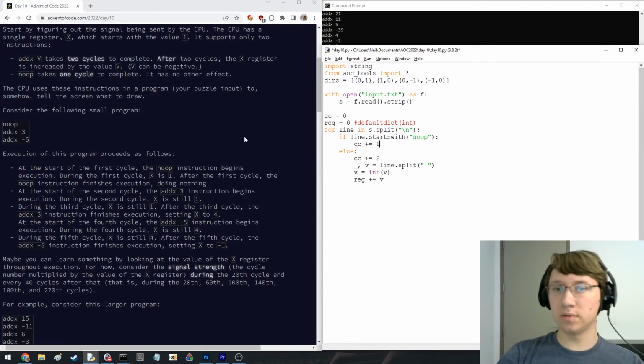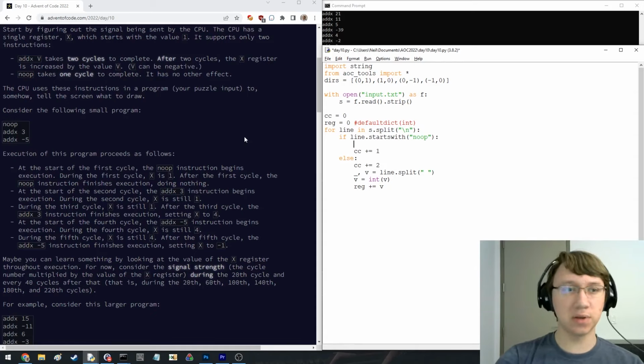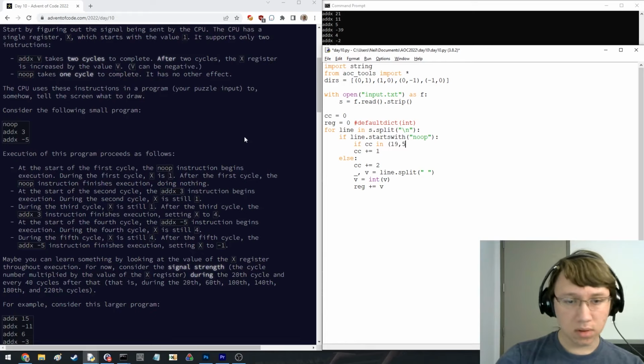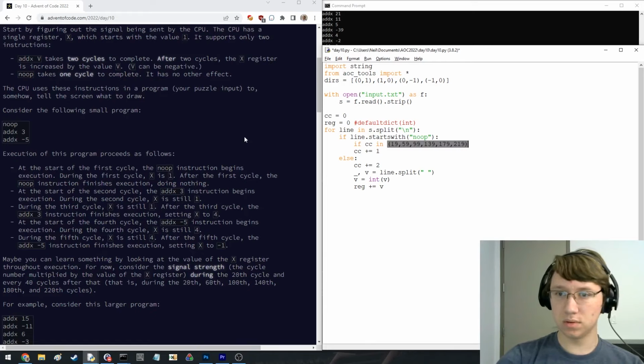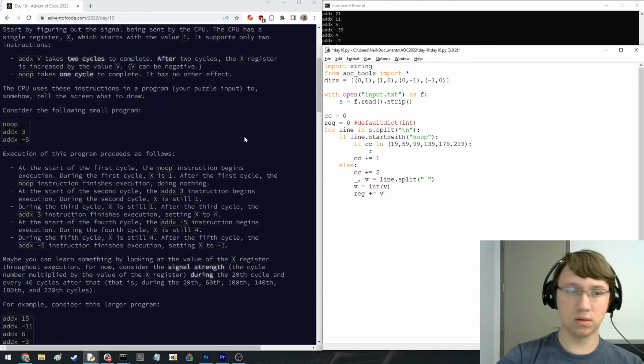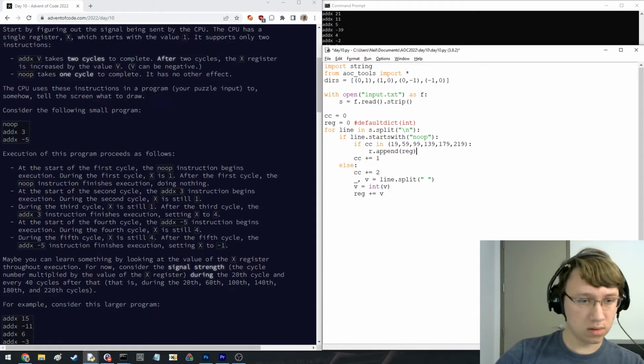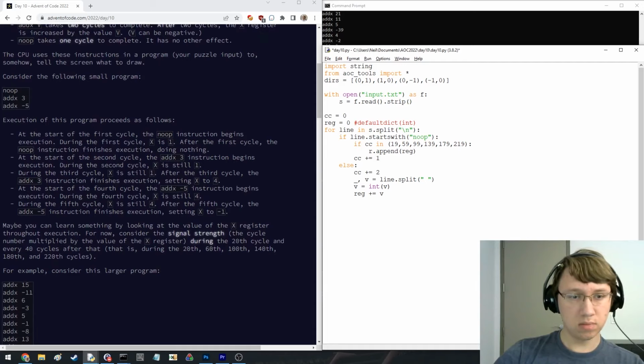When we add by 1, CC at this point contains the number of cycles that are executed, so if CC then multiply with the value of the X register. Okay.